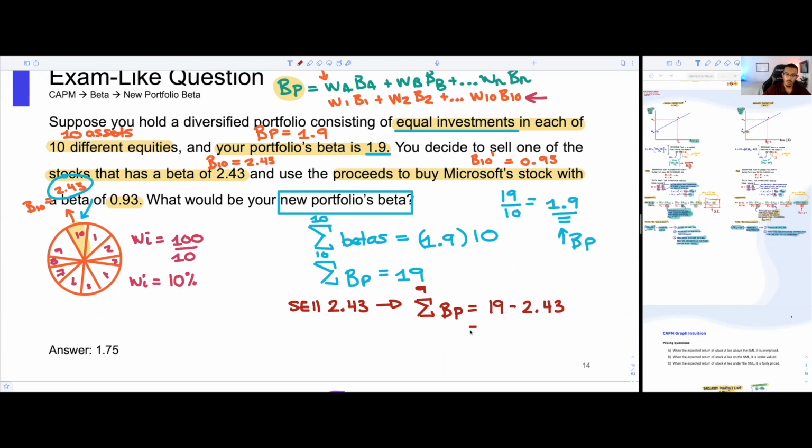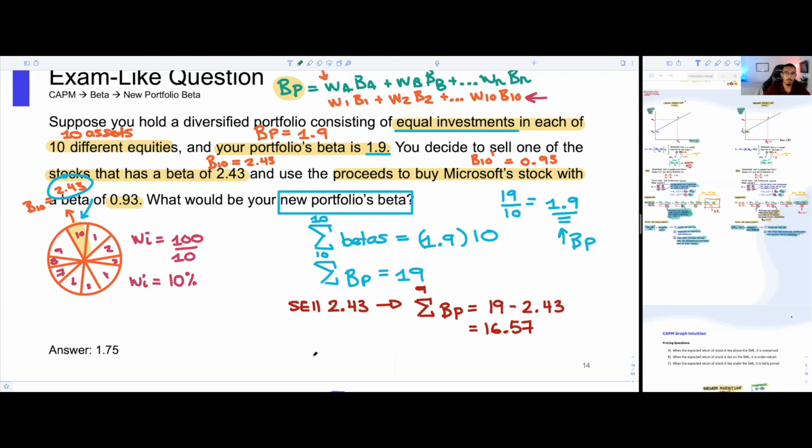If we do some quick math, it is now equal to 16.57. I hope my math is not disappointing you. That should be correct. Plus 2, 18, 43, yeah. So that's going to be equal to our new sum of betas if we had 9 assets, 9 stocks, 9 equities.